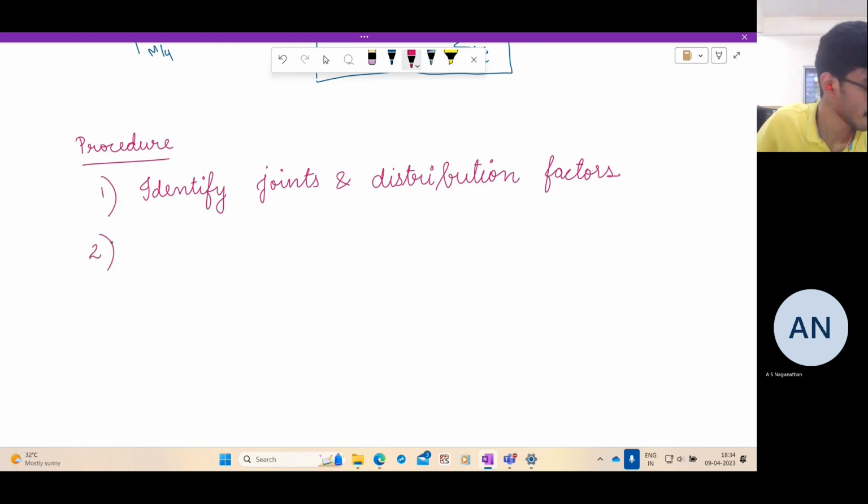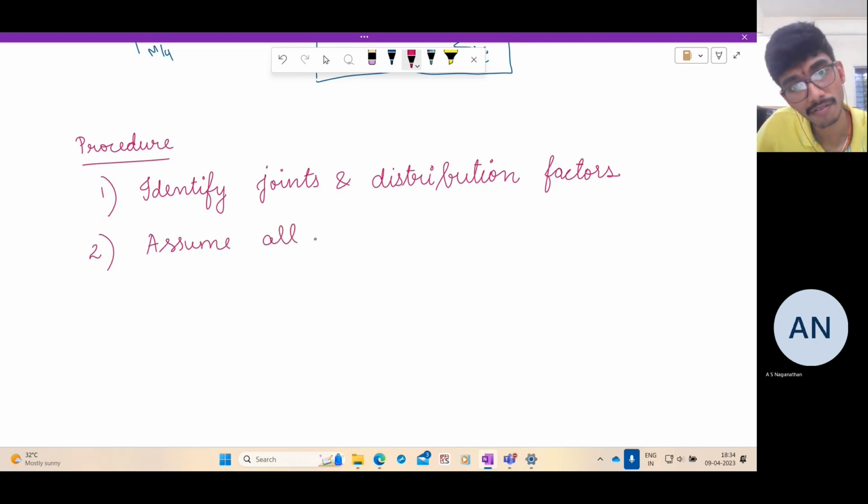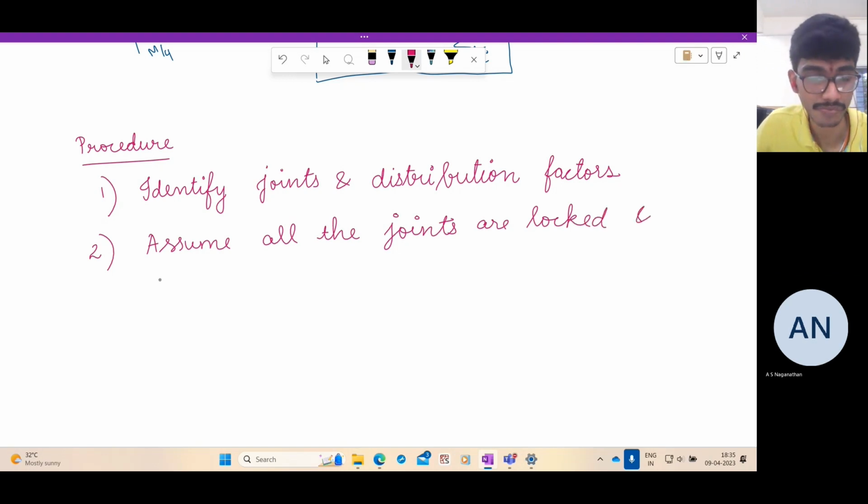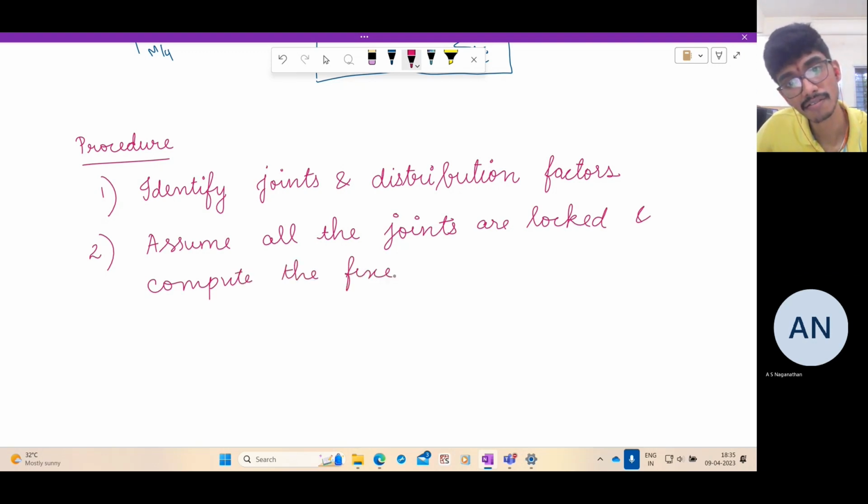Second step, assume all the joints are locked and compute the fixed end moments due to the applied loading.